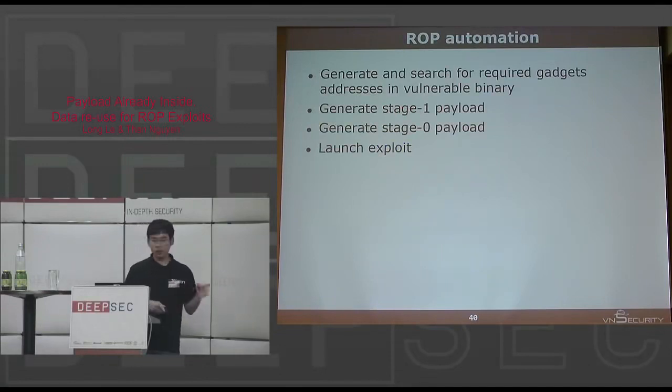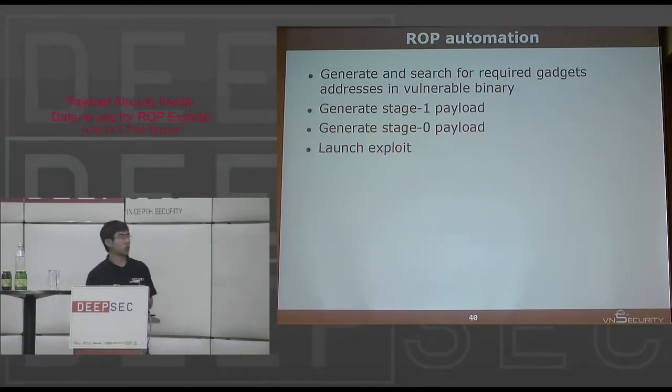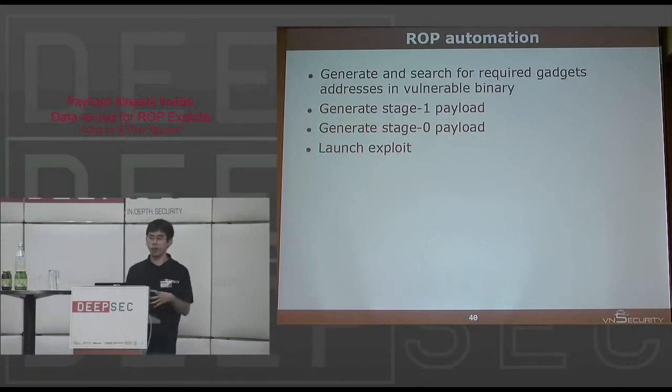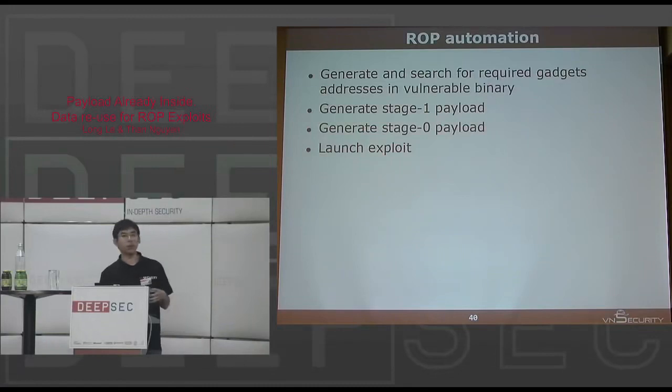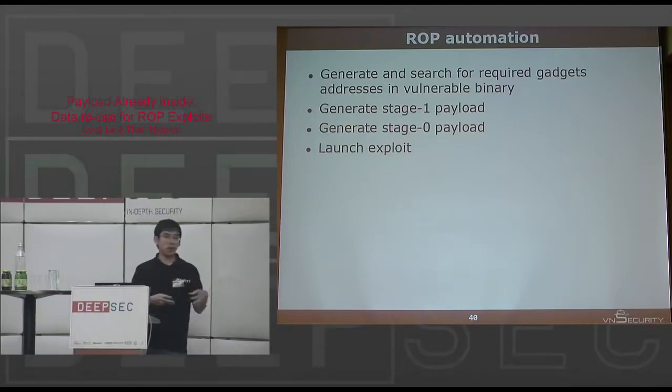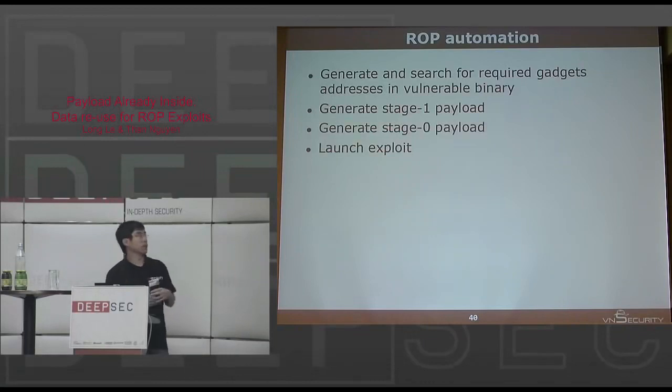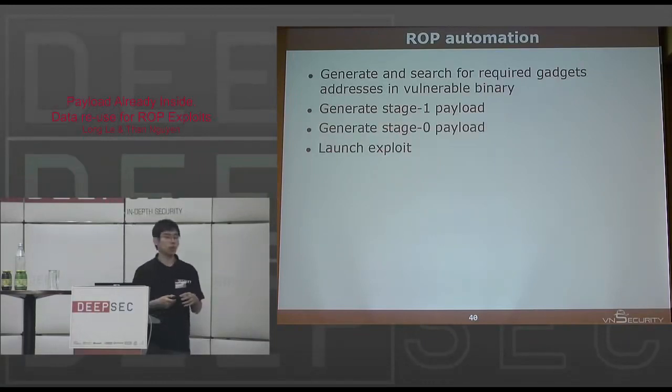Then, based on what I just presented, we're trying to write a library to automate all the things we presented before. Calculating, finding the ROP gadgets, doing the GOT overwriting, dereferencing, and all that would take a lot of time to do manually.